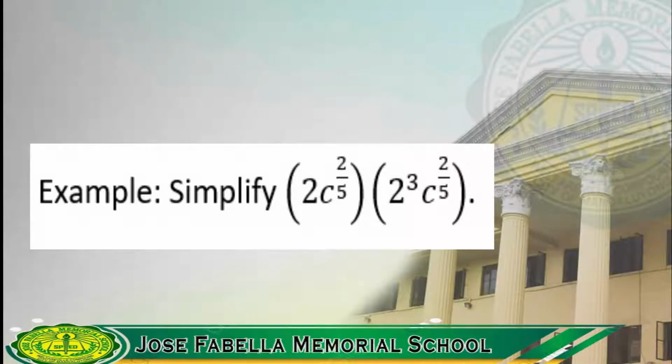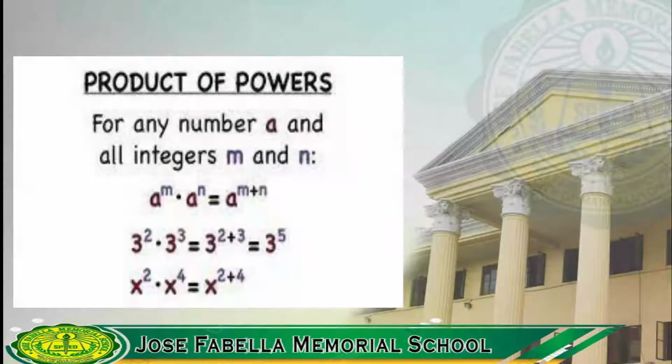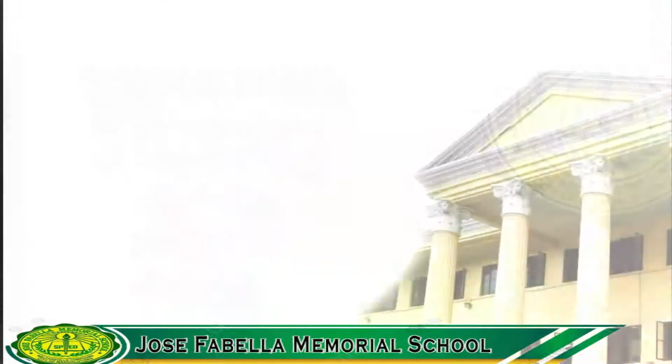Example: simplify quantity 2c raised to 2/5 times quantity 2 cubed c raised to 2/5. Applying product of a power, a raised to m times a raised to n equals a raised to m plus n, adding the exponent of the same base.